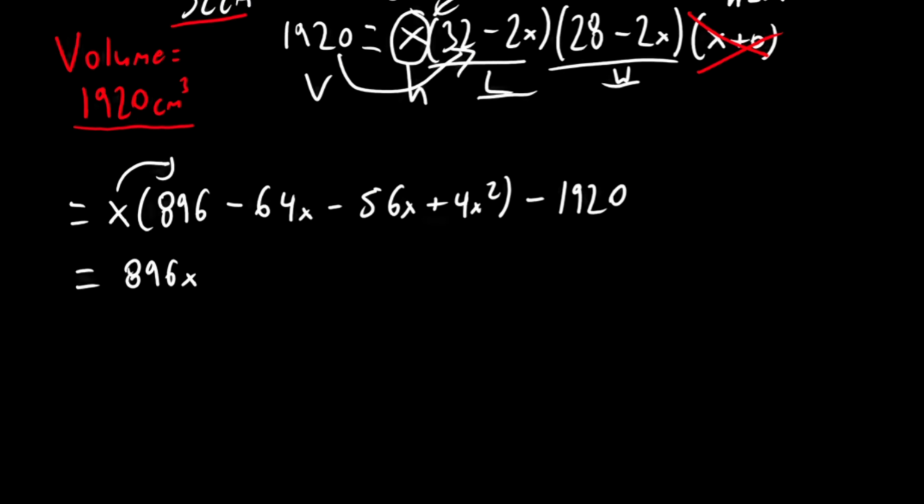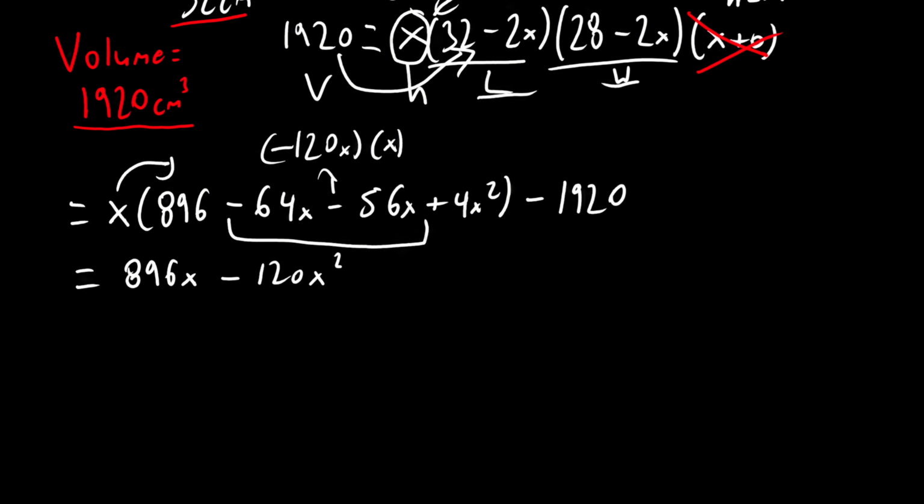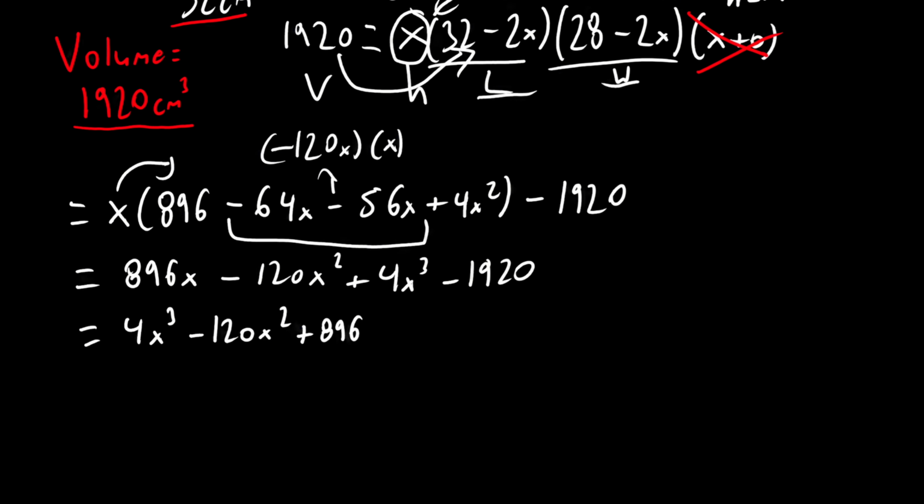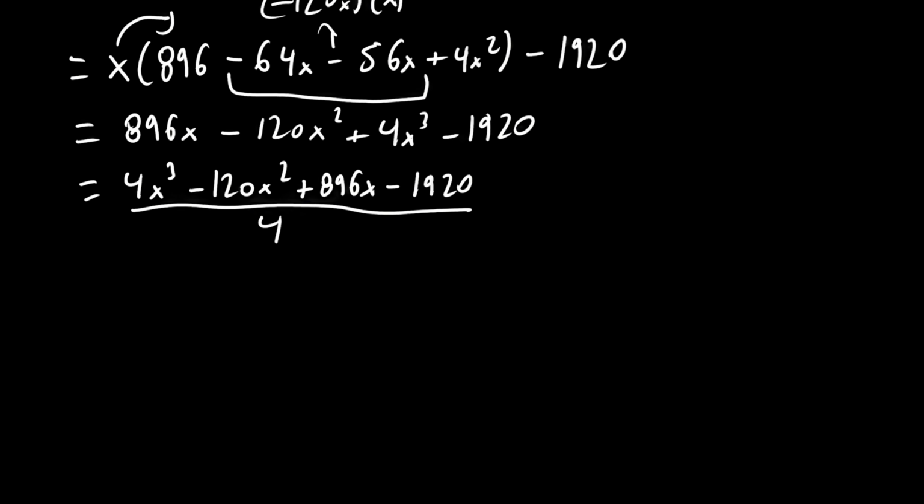So this makes it equal to 896x, and then combining like terms, negative 64x minus 56x times x gives us negative 120x squared plus 4x cubed minus 1,920, which can be rewritten as 4x cubed minus 120x squared plus 896x minus 1,920. Next we can divide the whole equation by 4 to give us x cubed minus 30x squared plus 224x minus 480.